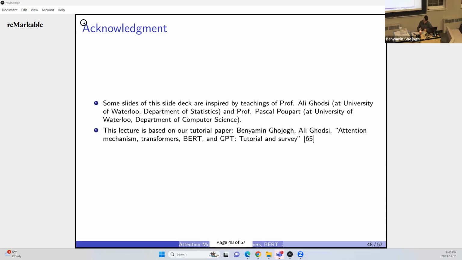Acknowledgements. Some slides of this slide deck are inspired by teachings of Professor Ali Ghodsi and Professor Pascal Poupart at the University of Waterloo. And this lecture is based on our tutorial paper, Attention Mechanism, Transformers, BERT, and GPT: Tutorial and Survey. Feel free to see that. By the way, arXiv rejected this paper. I put it in another preprint server.